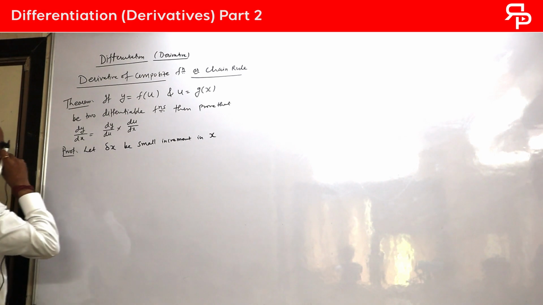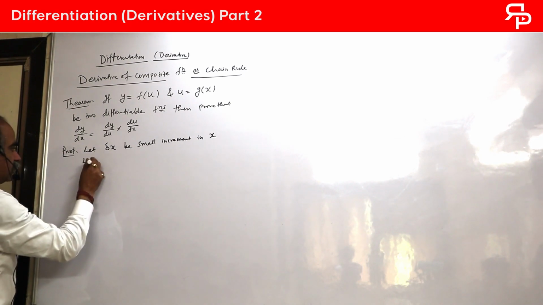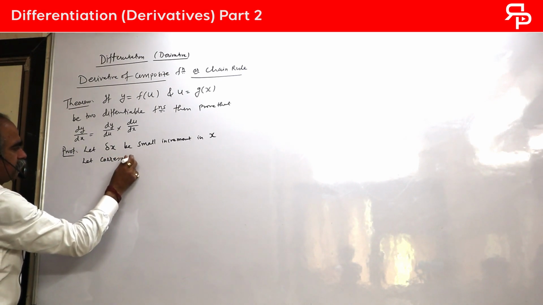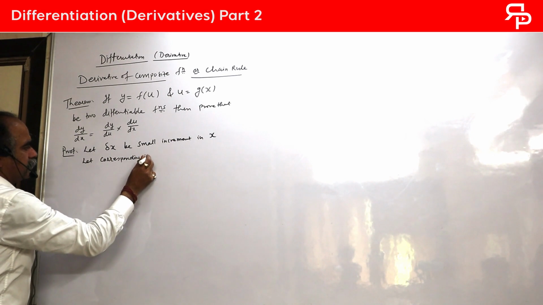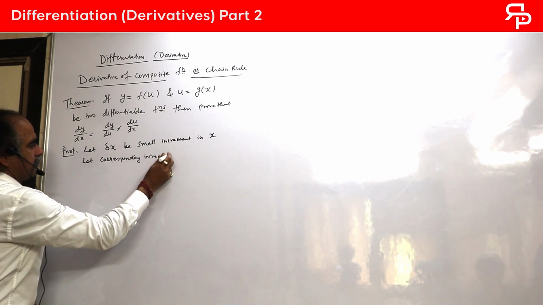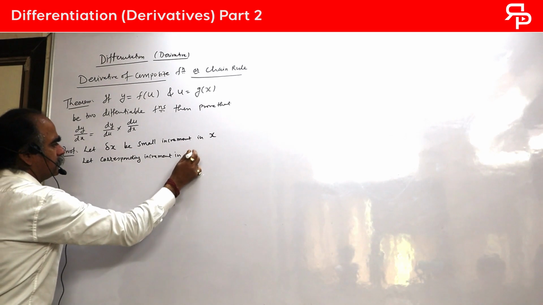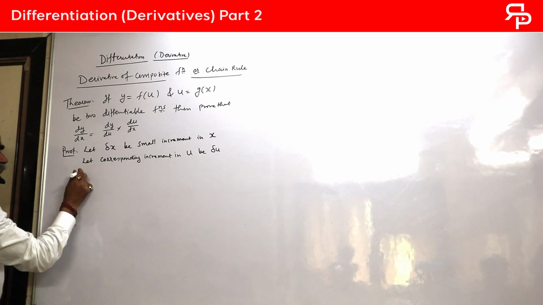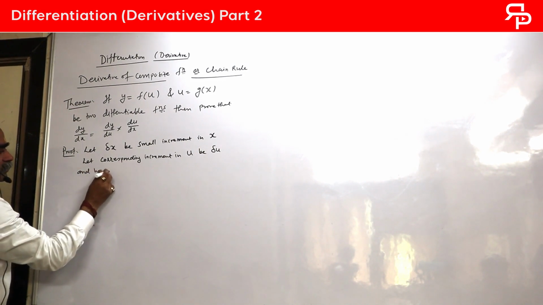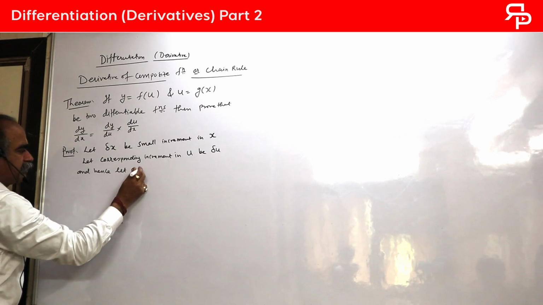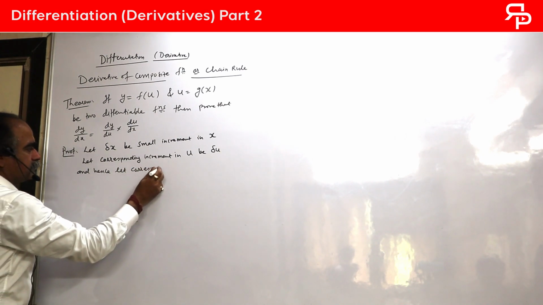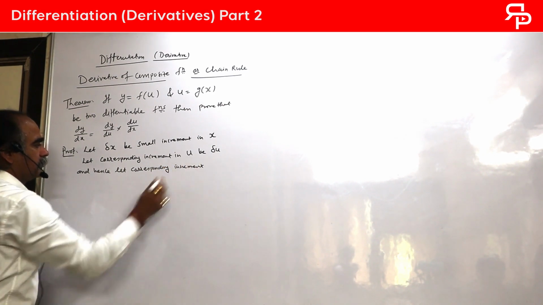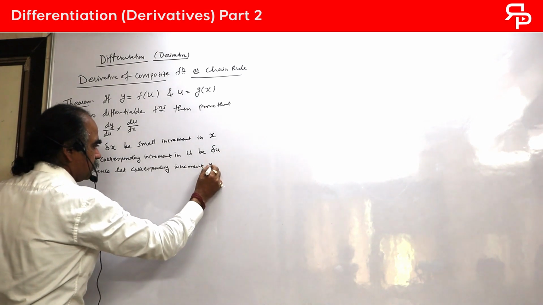in x, and let corresponding increment in u be delta u, and hence let corresponding increment in y be delta y.